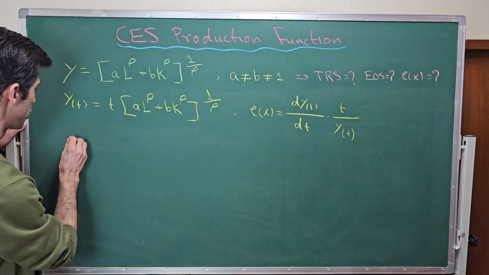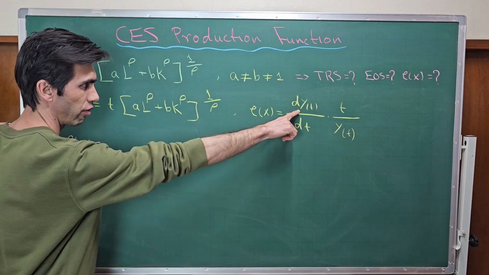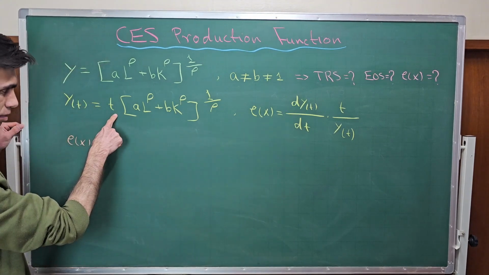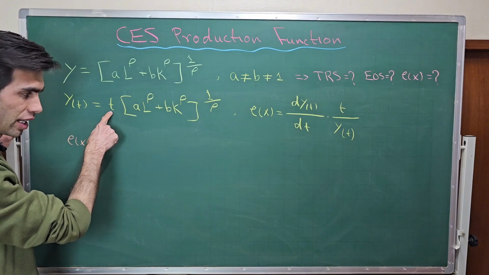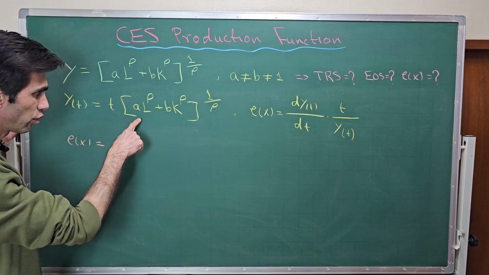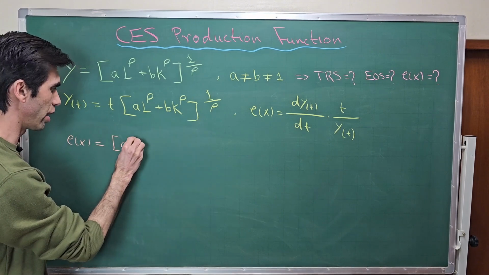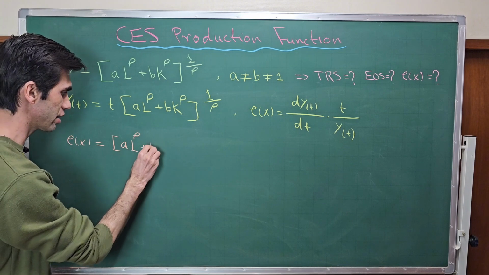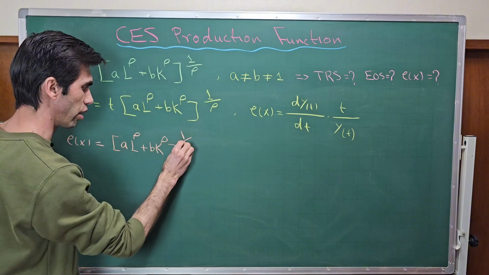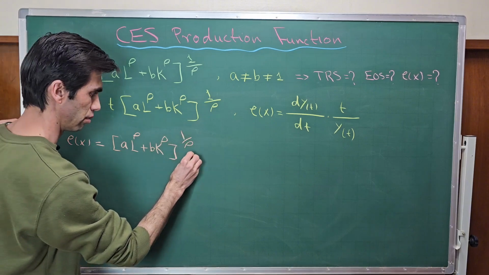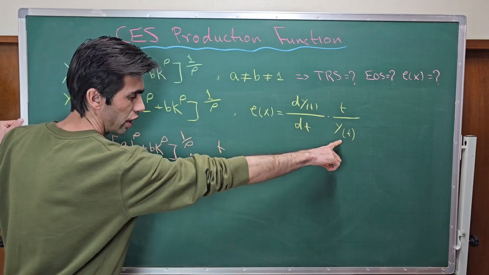Let's do that. Then Ex is equal to the derivative of y of t with respect to t. We have just t here, so if we take the derivative, we remain with this part: A multiplied by L to the power of rho plus B K to the power of rho, all to the power of 1 over rho, multiplied by t, divided by y of t.